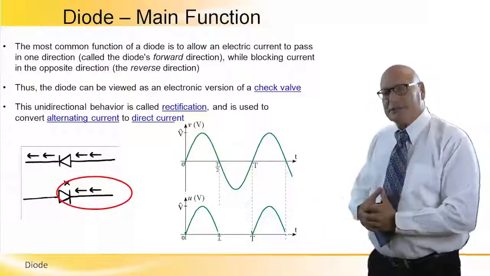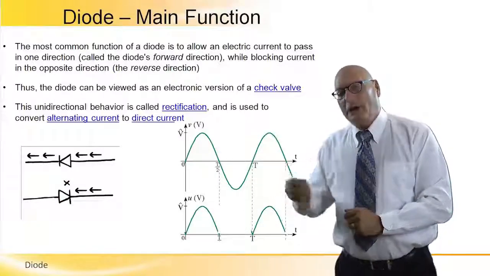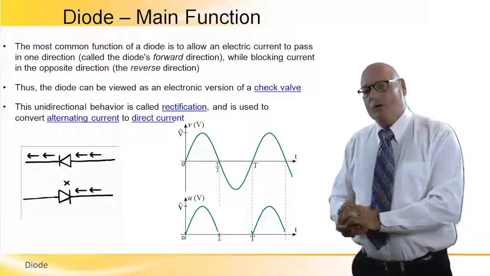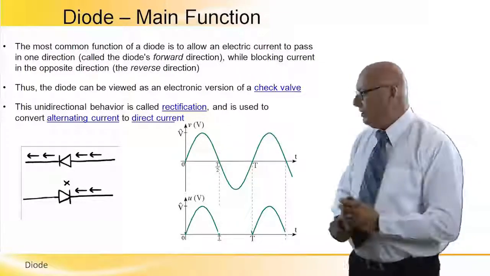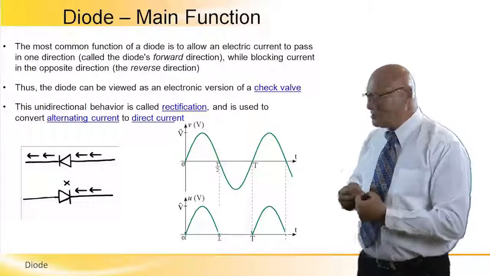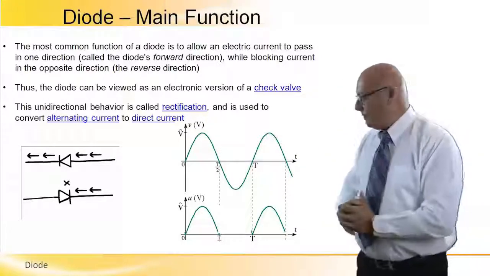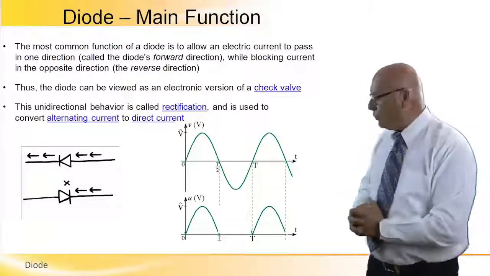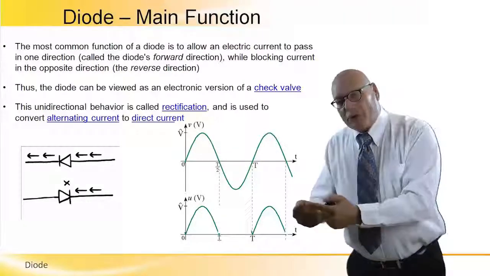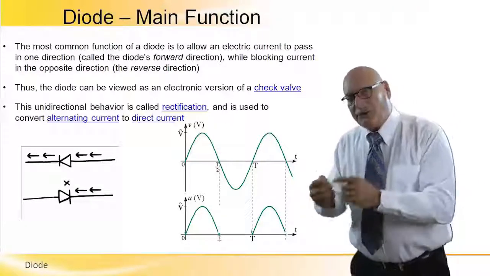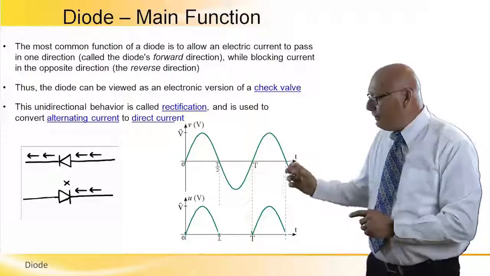That means on the right-hand side, if I put a sine wave into the anode, to let this AC current go through the diode, half of that sine wave is positive and half is negative, as we said previously in the course. The diode will be forward biased, and allow the current to flow from anode to cathode only 50% of the time.